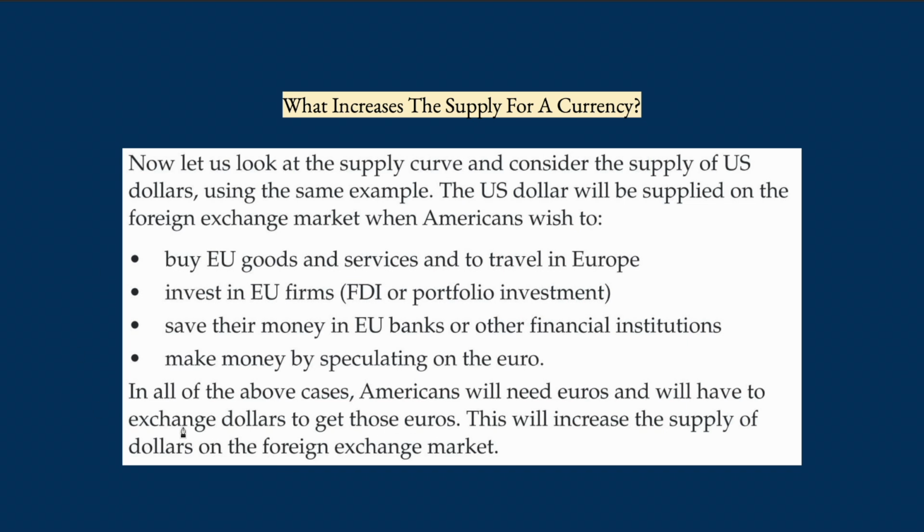And clearly, if you remember the PI acronym I used before, these 4 reasons that Americans want euros are the exact same reasons why Europe would want American dollars. So if you wanted to remember both the reasons for supply and demand of a currency, you would use the same acronym, PI, because from both sides, it helps them supply and demand currency.